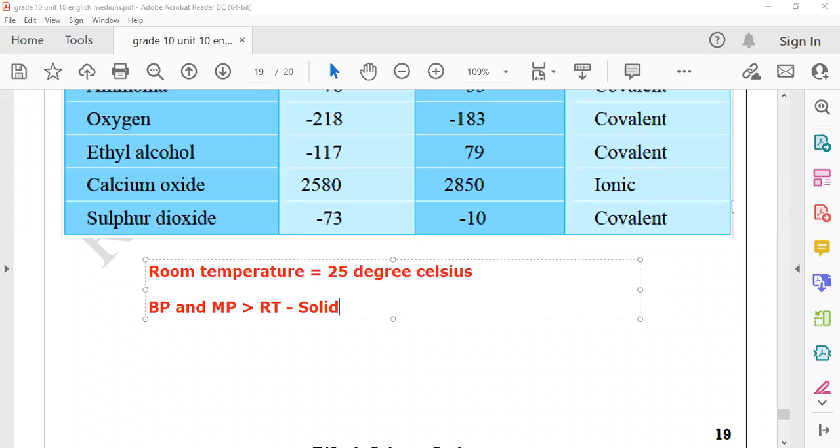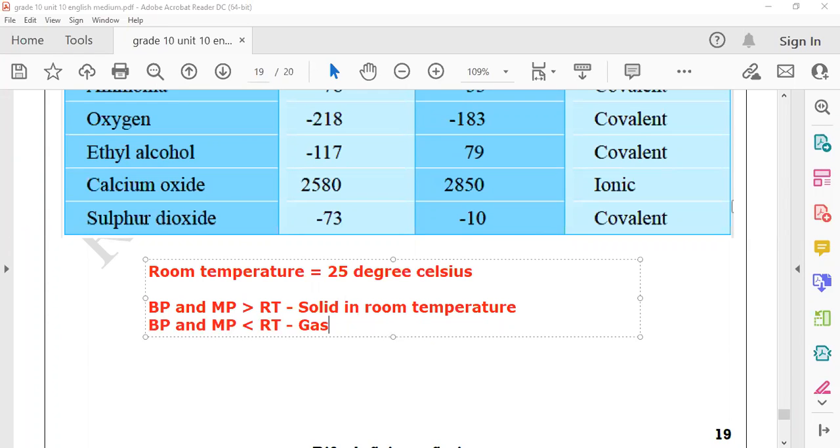That will be what kind of material? A solid material at room temperature. If the boiling point and melting point are less than the room temperature, it will be a gas at room temperature.